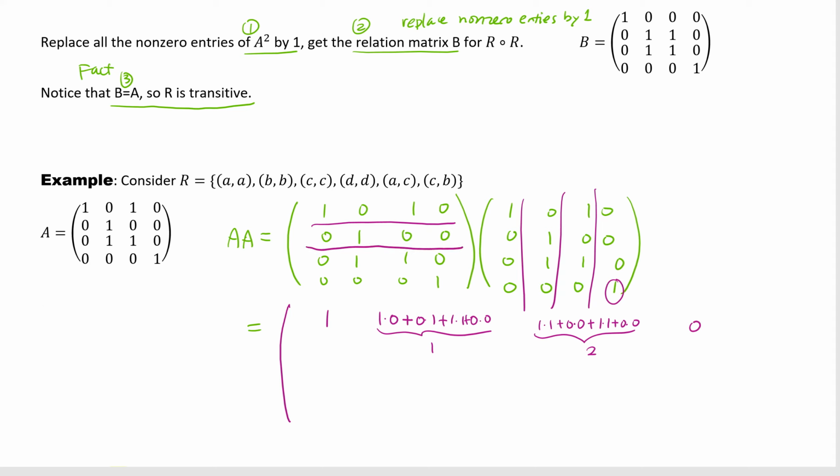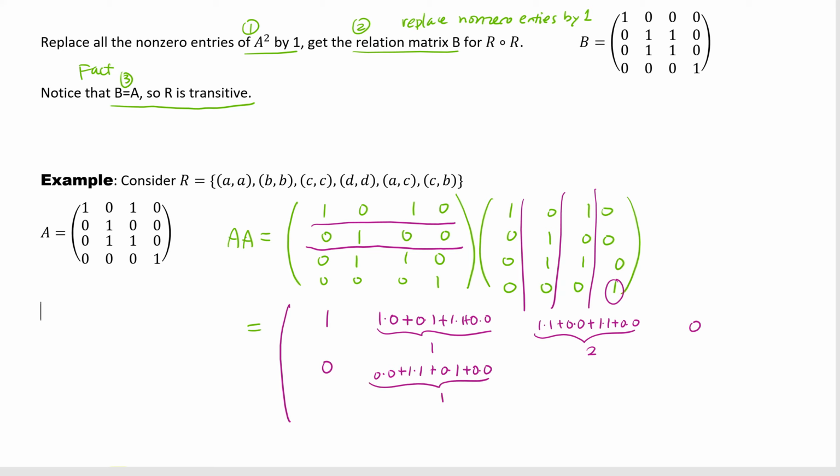Let's look at the second row. Second row times the first column: 1 times 0, and then 0 times whatever is 0. So it's going to be 0. And then the second column: 0 times 0, 1 times 1 plus 0 times 1 plus 0 times 0. So this gives us 1.